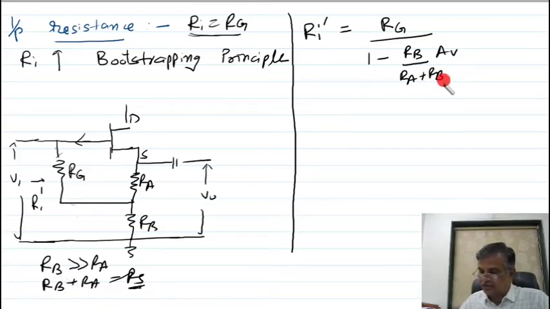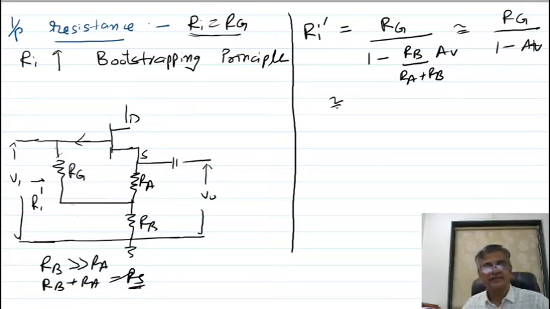Now look here. This is much higher than this, so it can be written in this way: Rg upon 1 minus Av. Because this is very small, Rb upon Rb is 1, or you can write Rb upon Rs, which is nearly 0.98 or 0.95 or so.